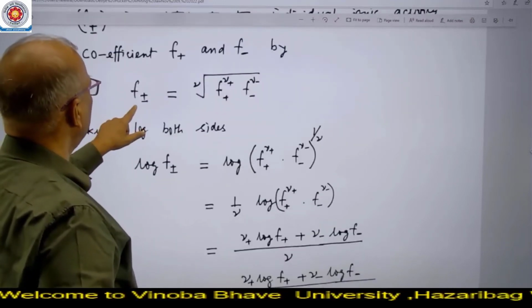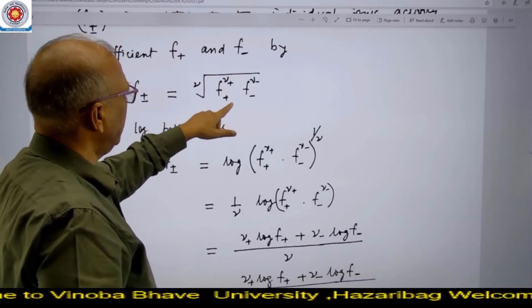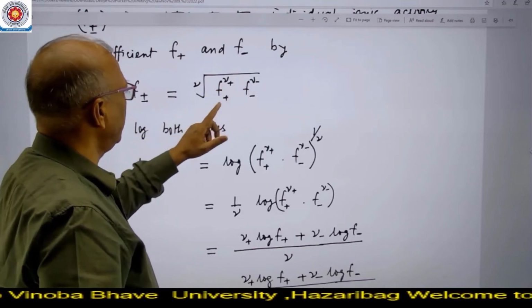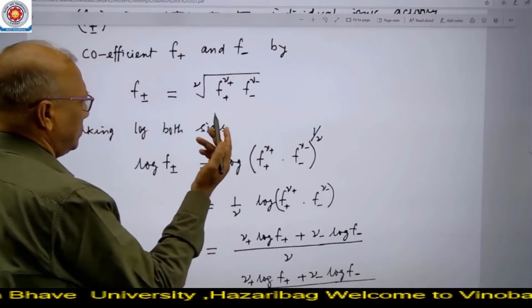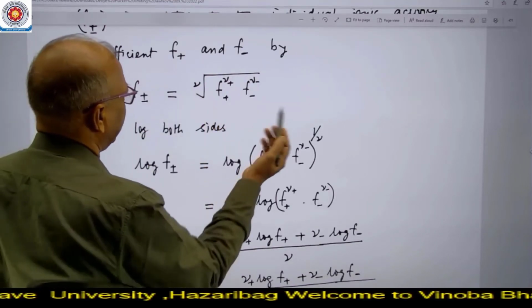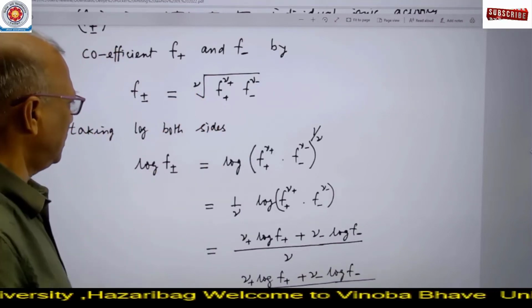This is the mean activity coefficient, this is the activity coefficient of cation, this is the activity coefficient of anion, और ये जो न्यू है वो कितनी संख्या में है. अगर उनकी संख्या 2 है तो यहाँ 2 लिखेंगे, अगर 3 है तो यहाँ 3 लिखेंगे, अगर 4 है तो 4 लिखना पड़ेगा.